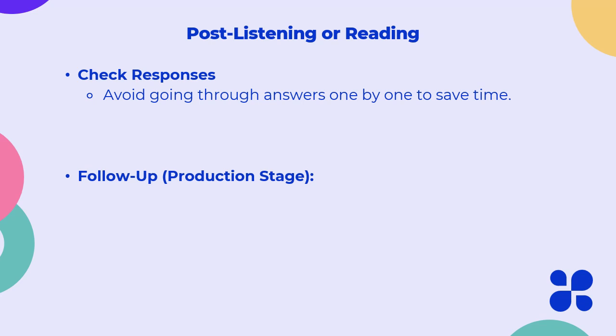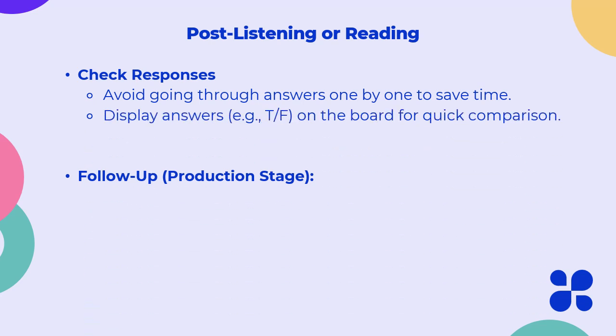For example, if the answers are just true or false, the responses should be clear enough, because all students do is write T or F. Showing the true-false answers on the board lets students compare their answers a lot faster. However, teachers should also pinpoint any specific items that may need attention, especially if students still have some doubts or questions on them.